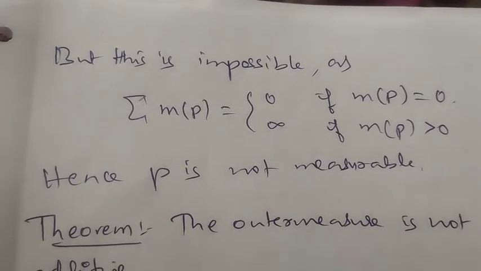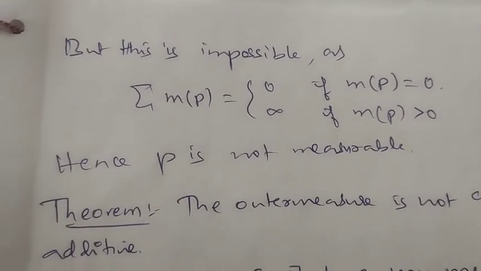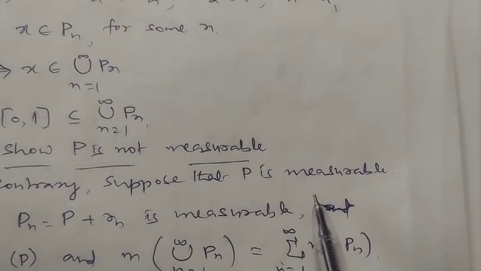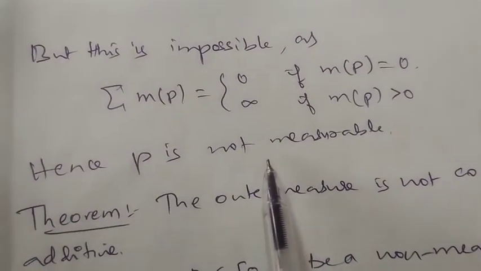Both choices are not allowed here. So the assumption that P is measurable must not be true. P is not measurable.